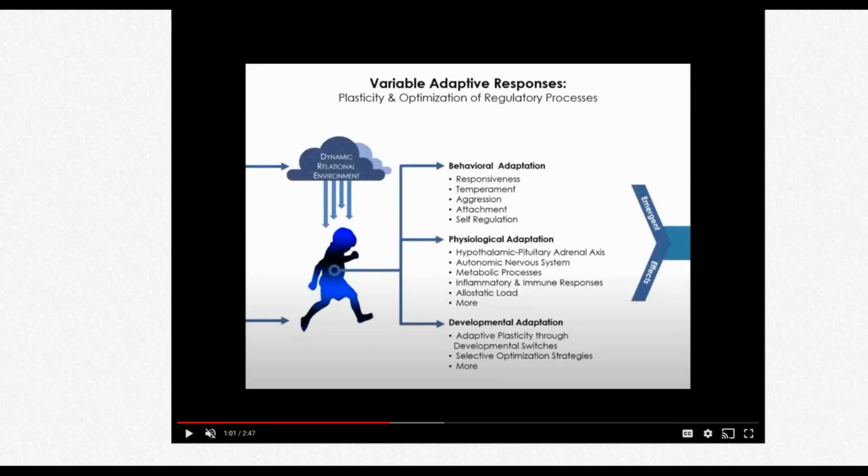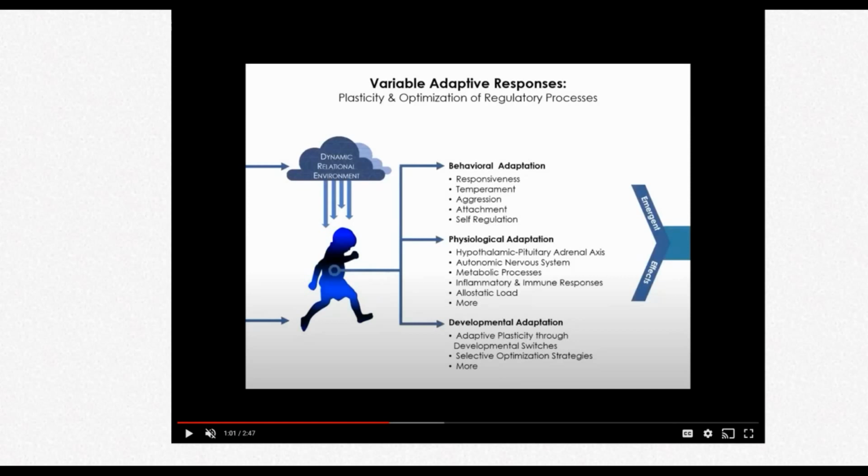Those adaptive mechanisms that might be maladaptive in a different context. And so that might have to do, again, with the amount of nurturing that you are exposed to early in life and how that affects how you act later on in life.